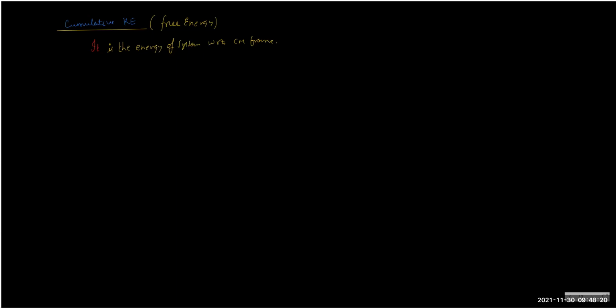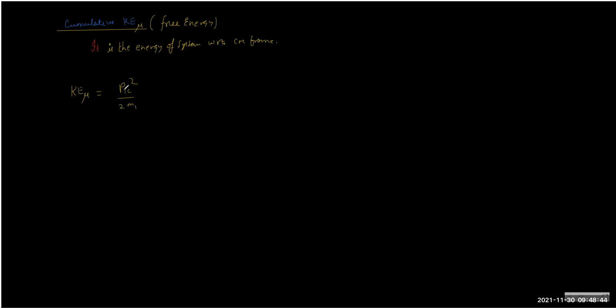So let's try to calculate this value, and it's very easy. The formula is K_e with subscript mu for cumulative, because anything in the CM frame gets the subscript mu. Because we can write energy in terms of momentum, we know kinetic energy is P squared by 2m.